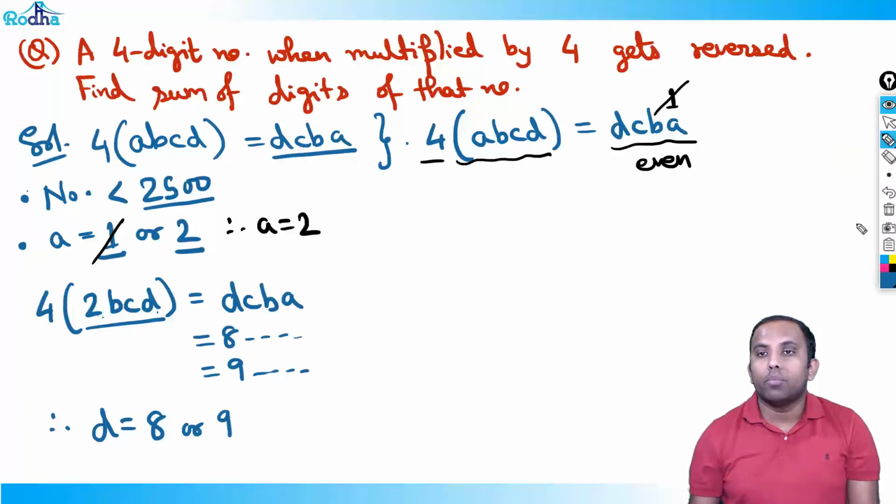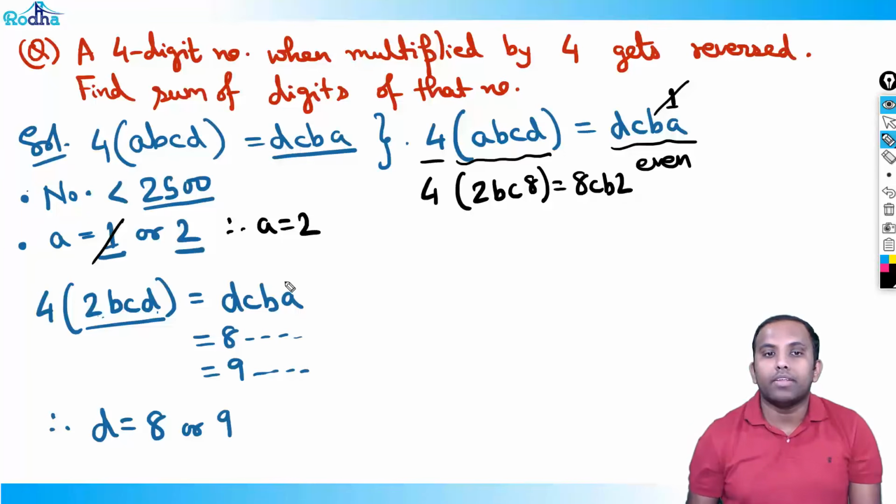So if you place D here, 4 into 2BC, now let's say D is 8, is equal to 8CB2. I'm thinking either D is 8 or 9. So 4 into 8 is 32.